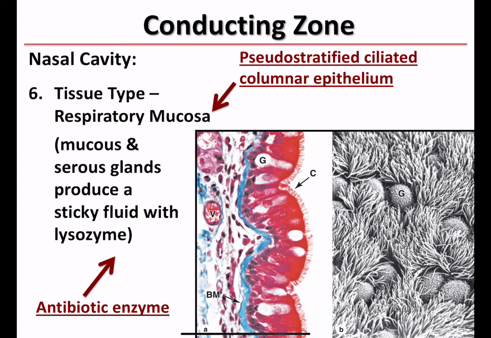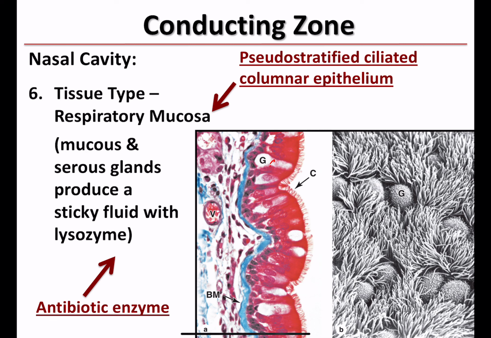Okay, so let's talk about the actual epithelial tissue and underlying basement membrane or connective tissue that lines this nasal cavity. Throughout the nasal cavity, the tissue type is generally described as being the respiratory mucosa, and it's called mucosa because this epithelium has a lot of goblet cells in it.